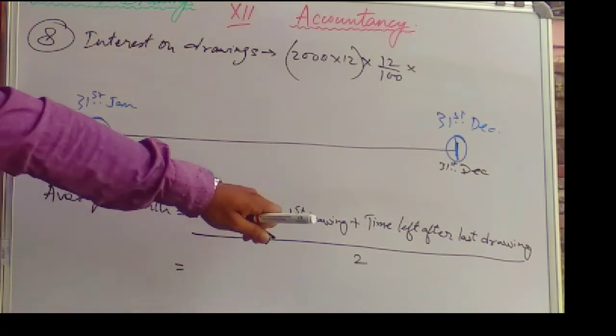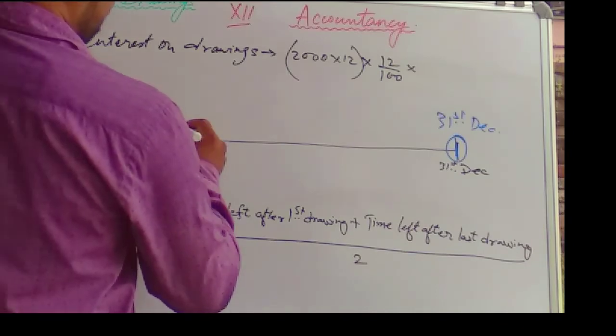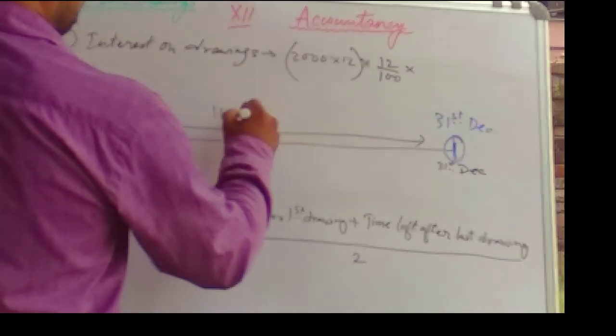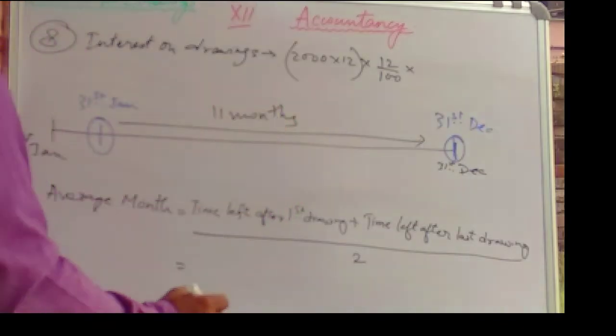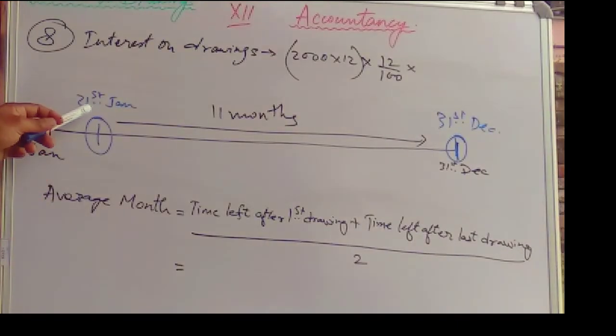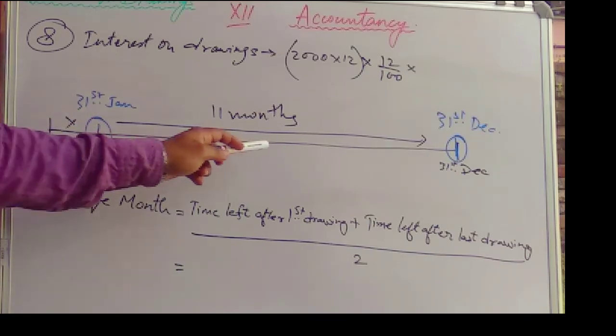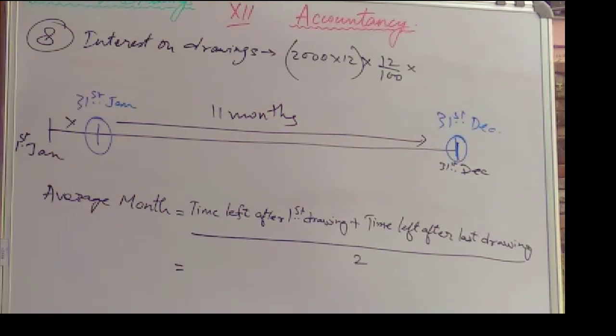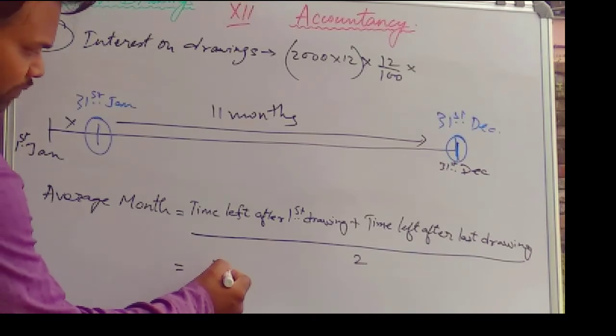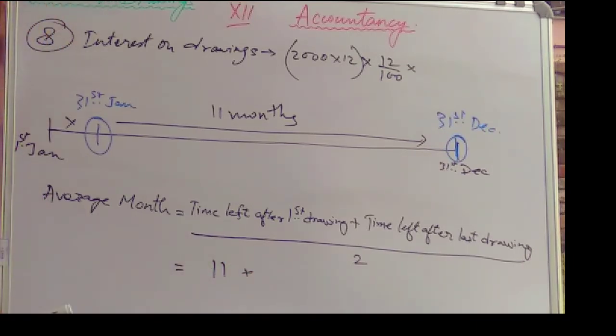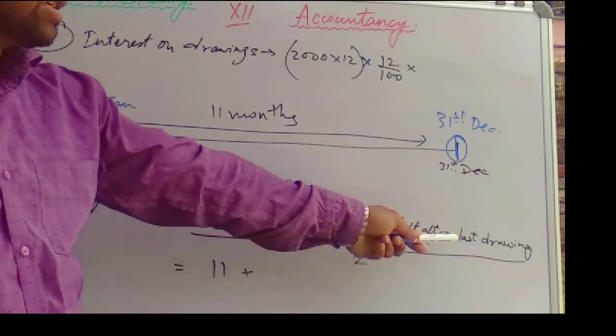So time left after first drawing is 11 months, because they are withdrawing the amount at the end of the month. So the first month we are not going to count, we are counting the rest of the months. So that is 11 months plus. And what is the time left after the last drawing?